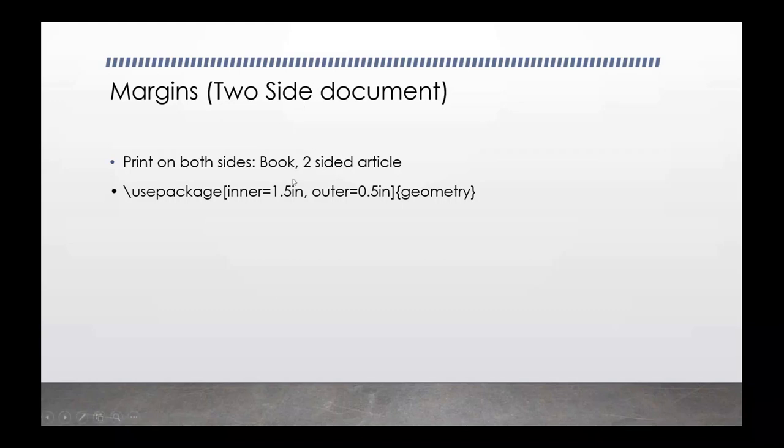So how do we set this particular margin in case of a two-sided document? That is by using two options. One is inner, and second is outer. Okay. Always remember one thing. The inner option is always greater than the outer option.